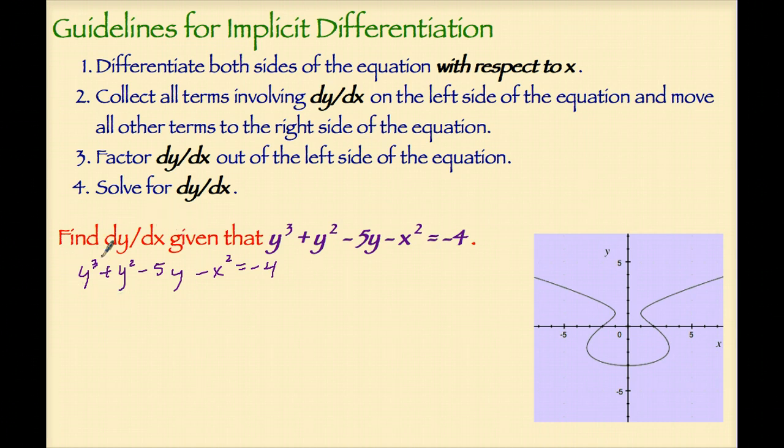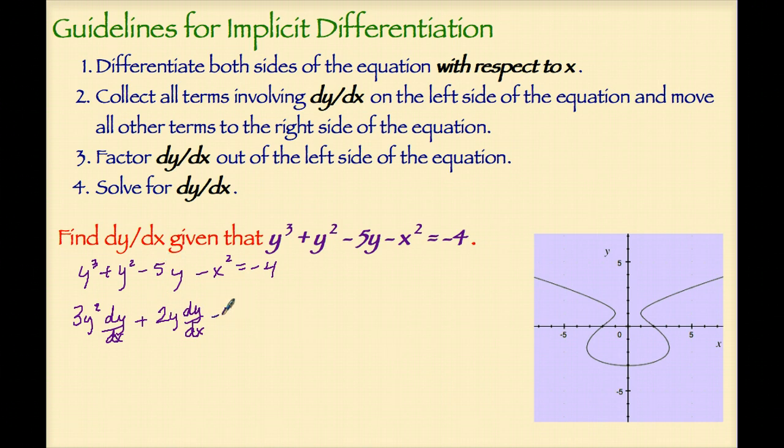So for this first term, y cubed, the derivative is 3y squared dy dx, because I took the derivative of a y term with respect to x. For the next term, y squared, the derivative will be 2y dy dx. Again, I took the derivative of a y term with respect to x.